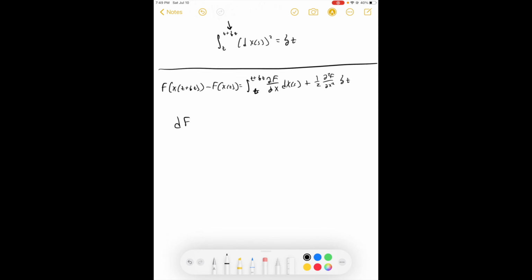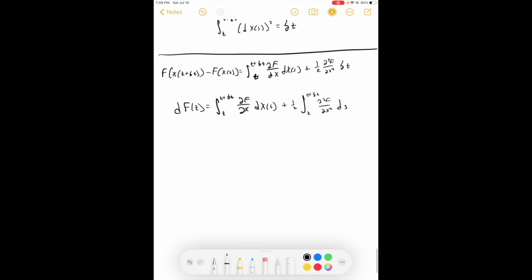So now we can write this as df of t is equal to the integral from t to t plus delta t of the derivative of f with respect to x, dx of s, plus 1/2 the integral from t to t plus delta t of the second derivative of f with respect to x, ds.